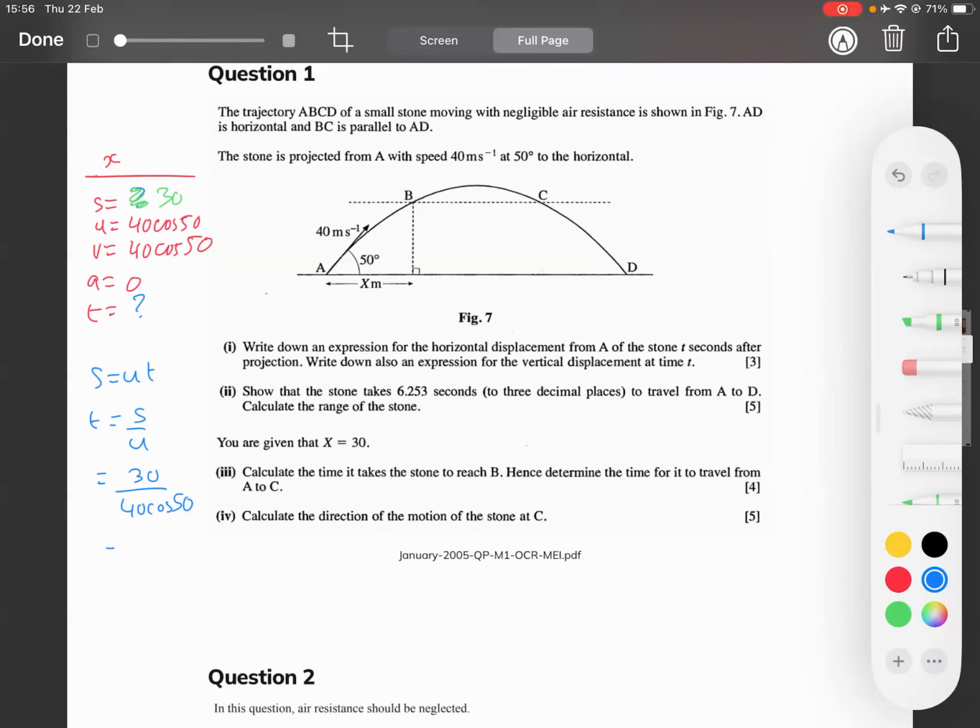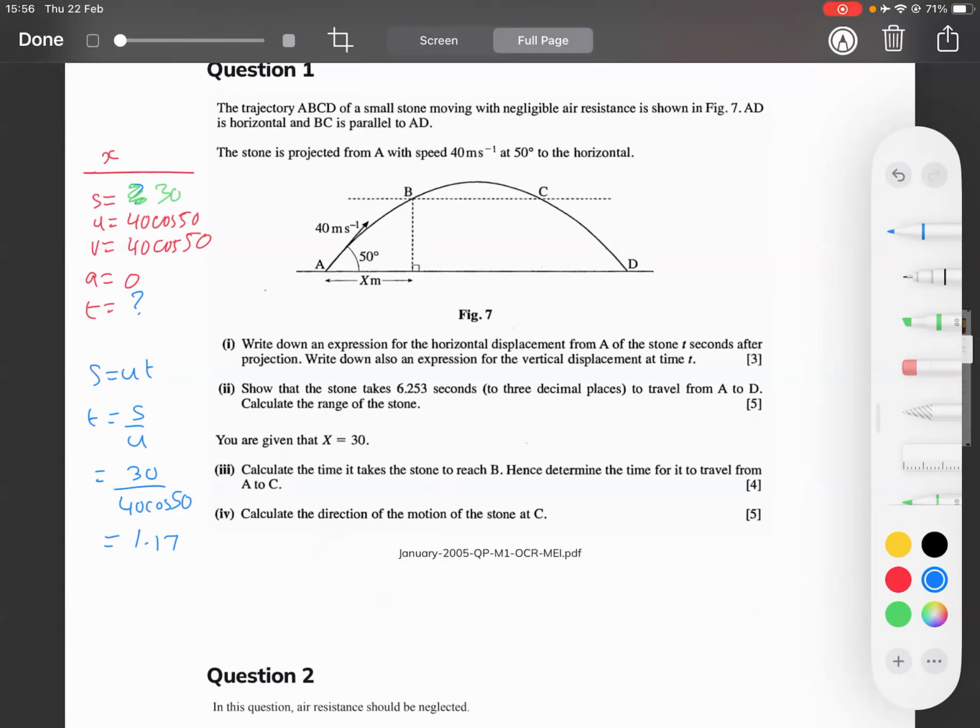That's 1.174, the time. Hence, work out the time taken to travel from A to C.